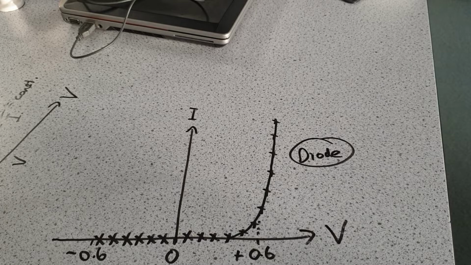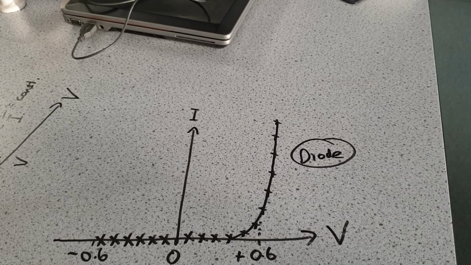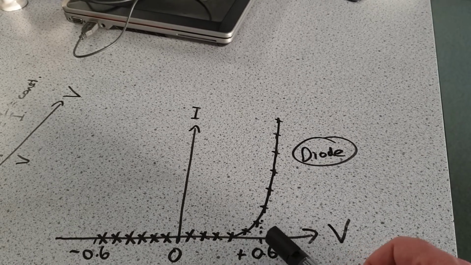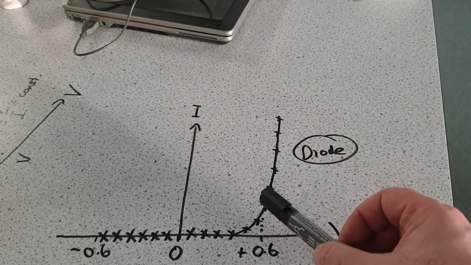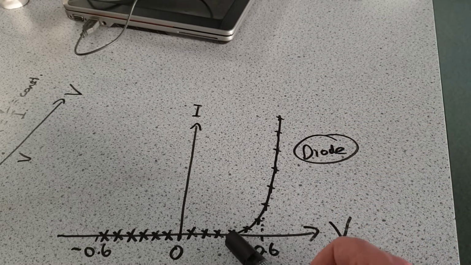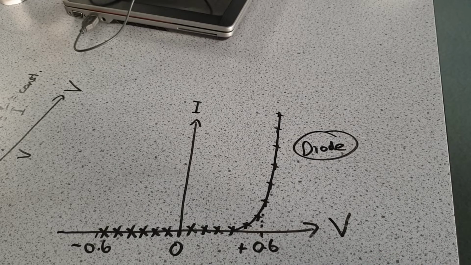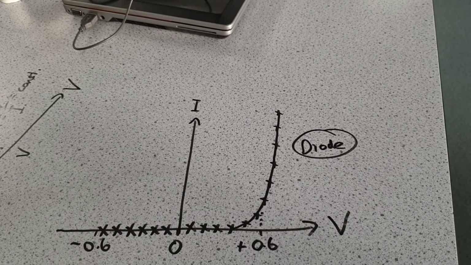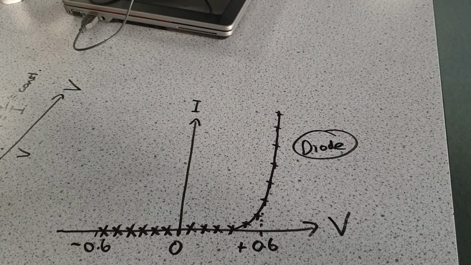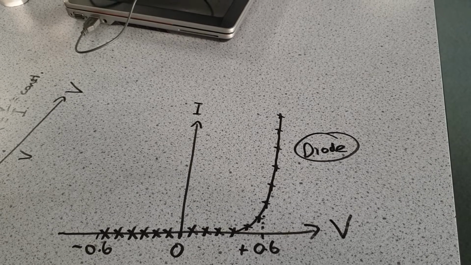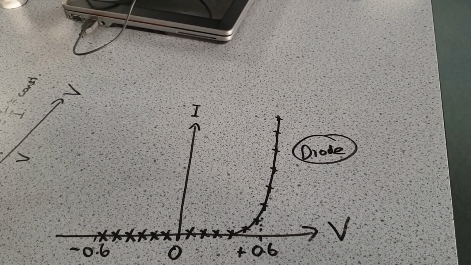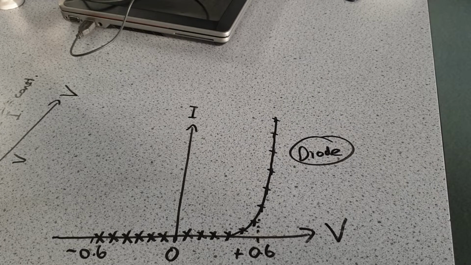And a third use of a diode would be to use this very sharp switching function. You can see that a diode suddenly switches on when the voltage across it gets to 0.6 volts. Sometimes you want another component to switch on very suddenly at a particular point and not change very gradually.